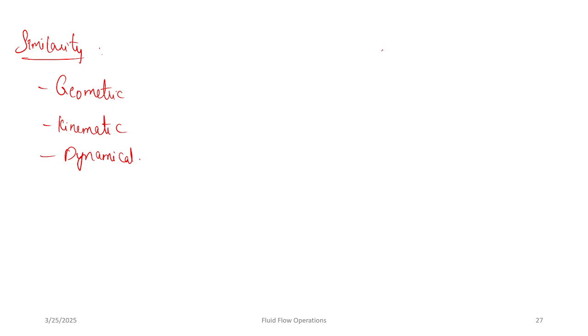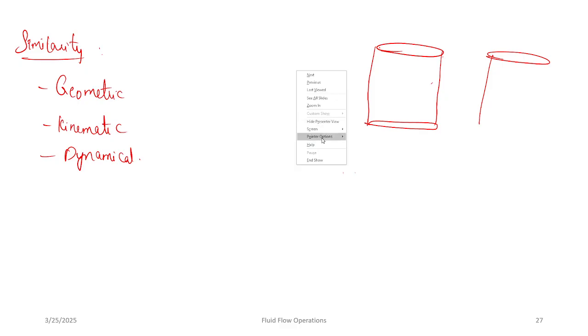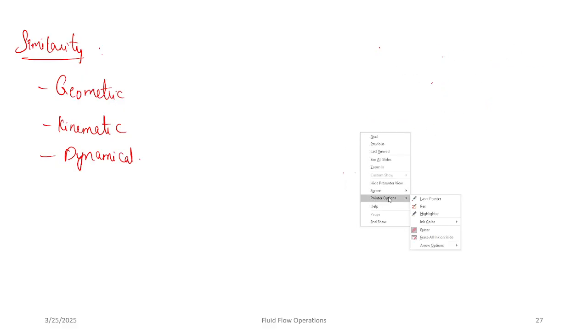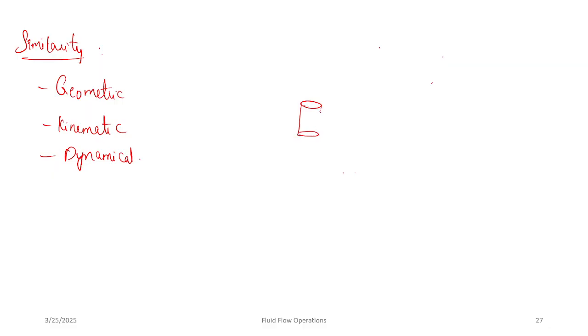So let's say we have two cylinders of different lengths and diameters. So let's say this is the first cylinder, and then we have a second cylinder. So let's say this is a laboratory scale, or let's say this is a model, and this is a prototype.